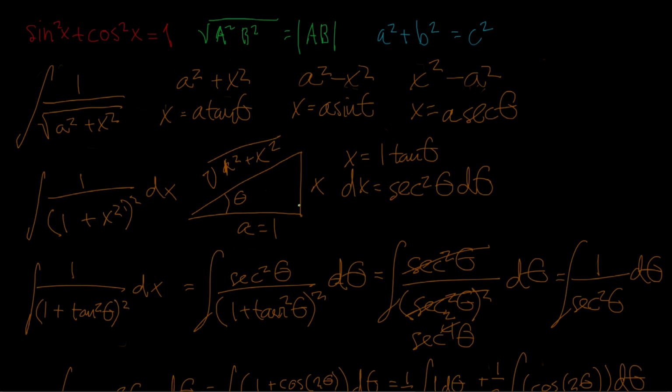Then you're going to create this kind of mock-up triangle right here that you can use as reference for theta, and theta is always going to go on the left here, right? If, let's say, we had x squared minus 16, right? I would make my mock-up triangle, and then I would do a secant substitution, and I would use this triangle as reference for the rest of my problem, right?